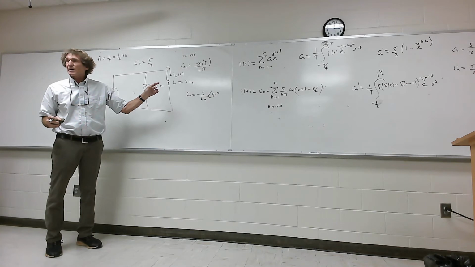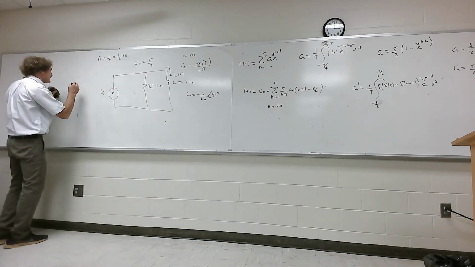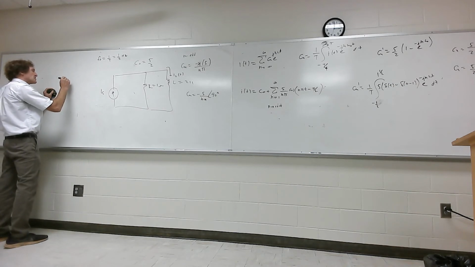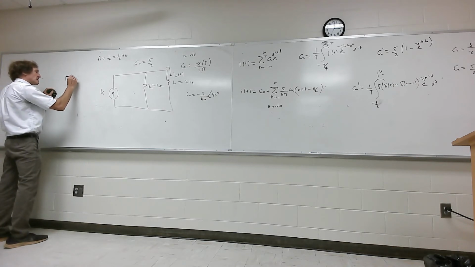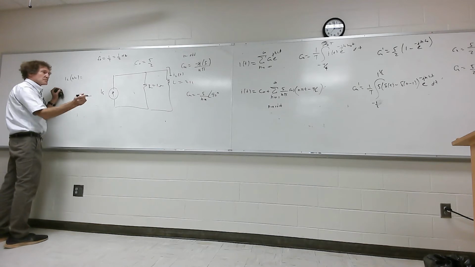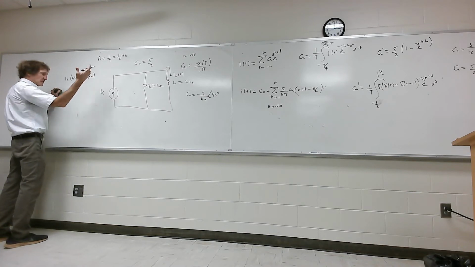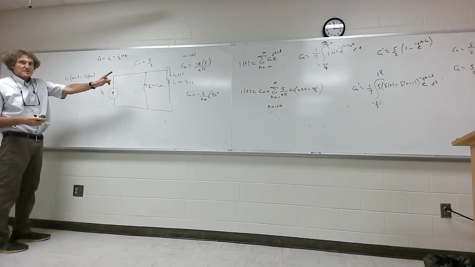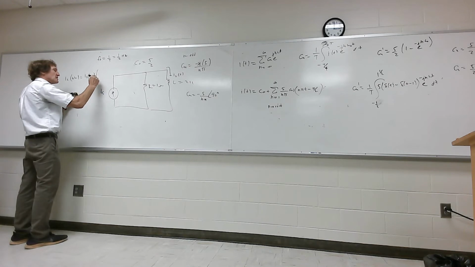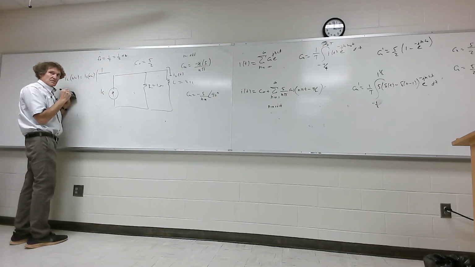Anytime you have two parallel elements and you want the current through one of them, if I want IL, and I'm going to do this in the frequency domain, at n omega naught, that's equal to the actual IS at n omega naught, or whatever harmonic you want, times the opposite impedance over the sum of the two, right?